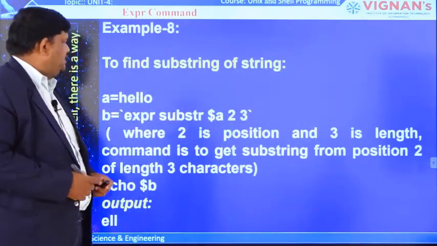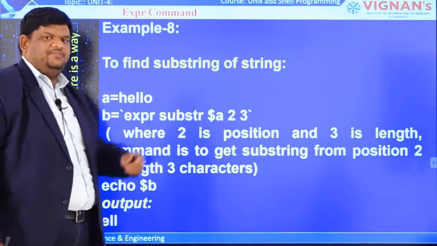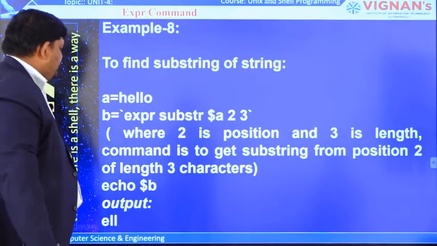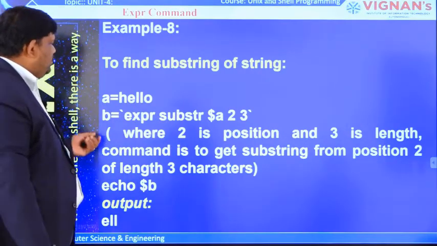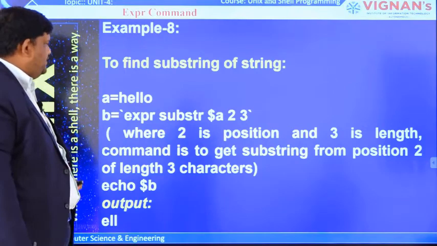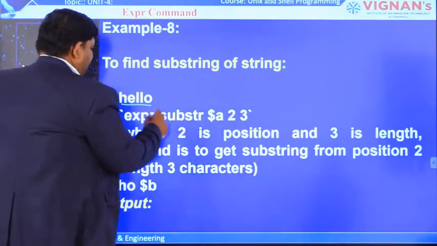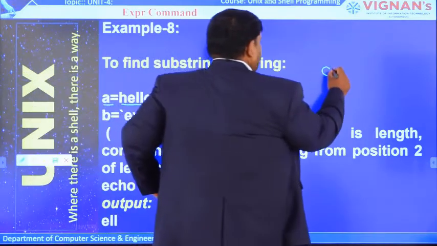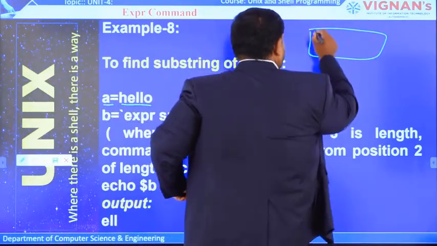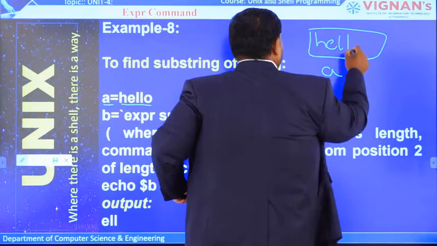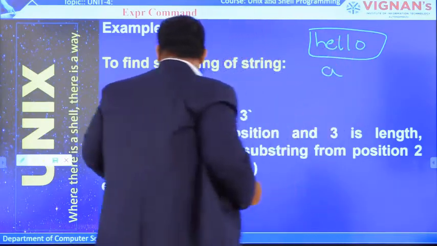Next, in this example we are going to find the substring of a string. Let us see with the help of EXPR how we find the substring. Again we are taking variable is equal to value, so A contains value HELLO.